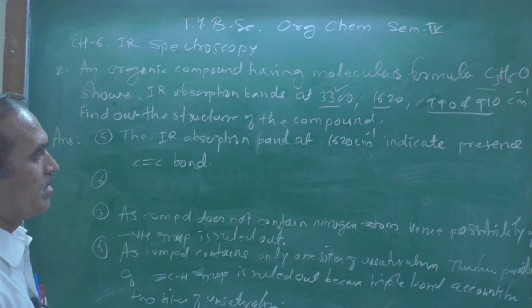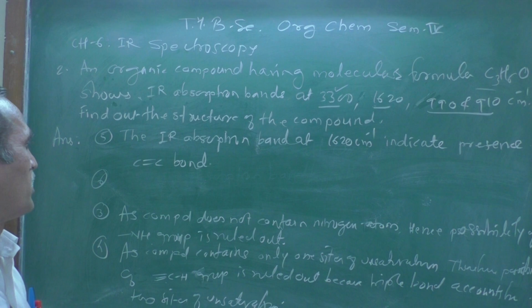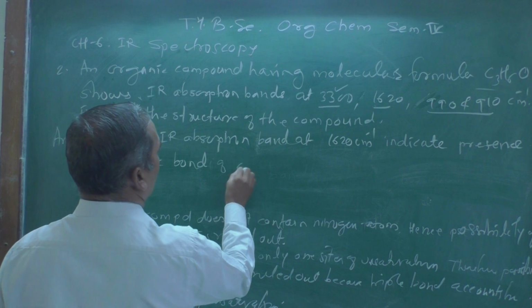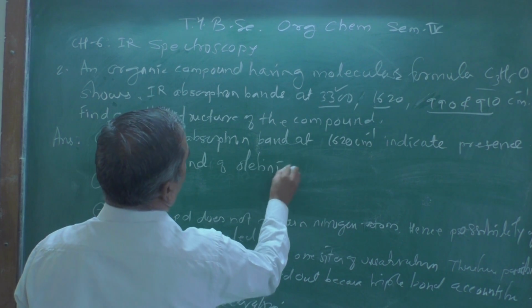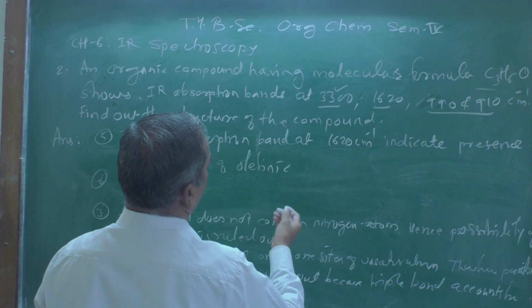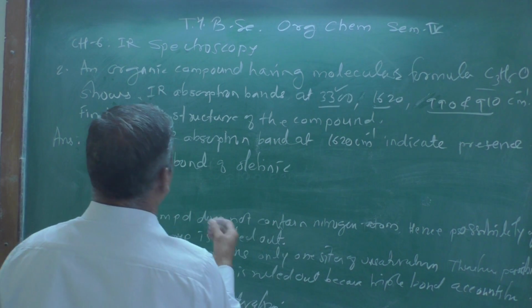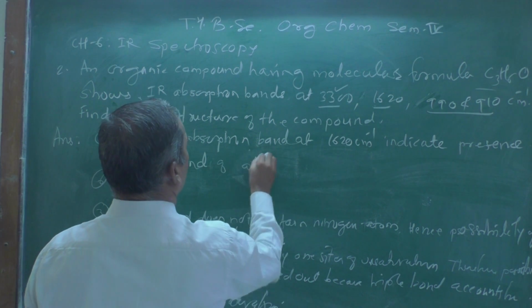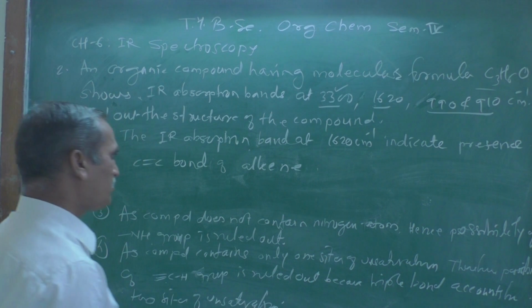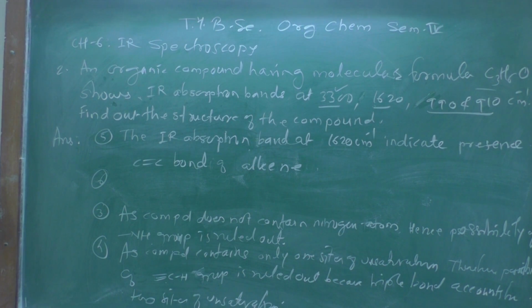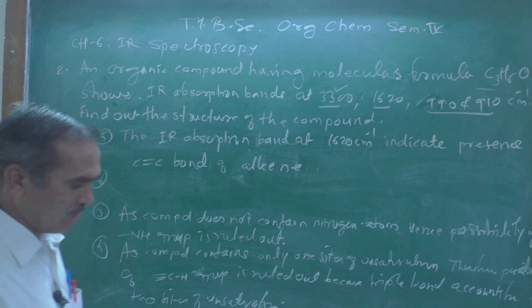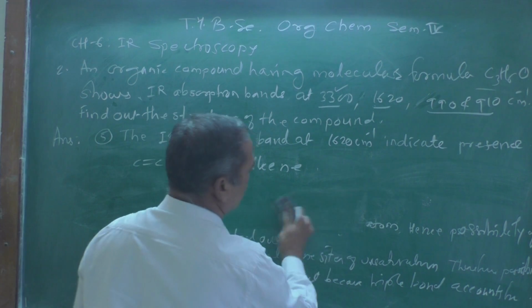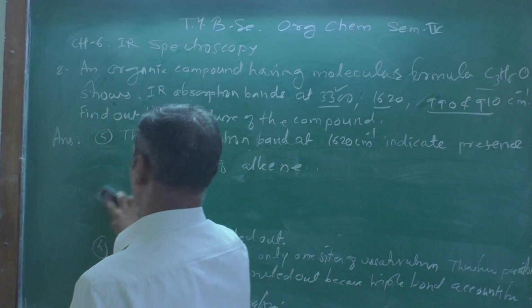The IR absorption band at 1620 per centimeter indicates presence of carbon carbon double bond of alkene. Olefin is the old name; a better way is to write alkene, to avoid confusion over here.